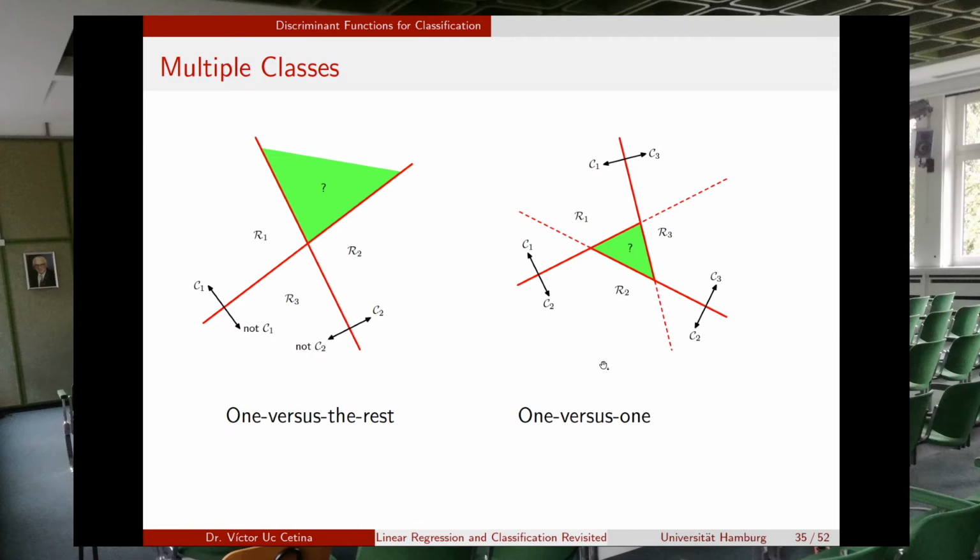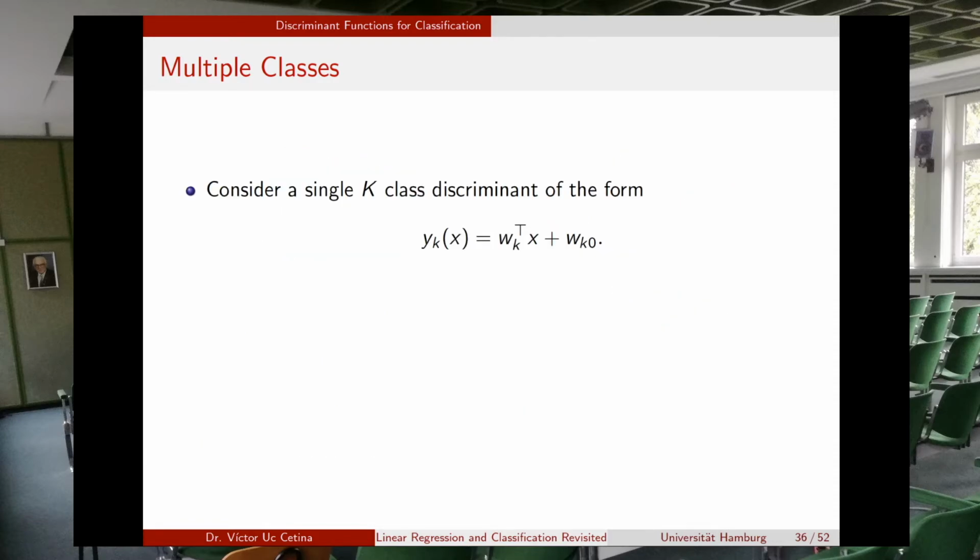So what would be a better approach than these two? A better approach would be to implement for each of the classes a discriminant function, as we saw before, that would have this form.